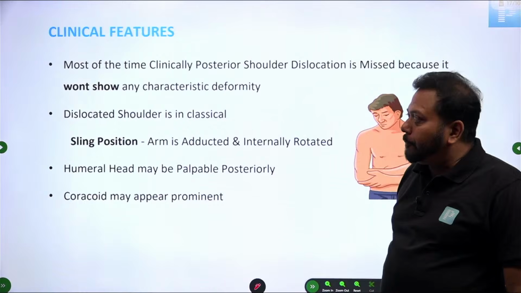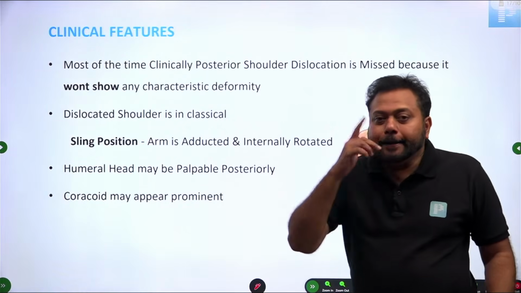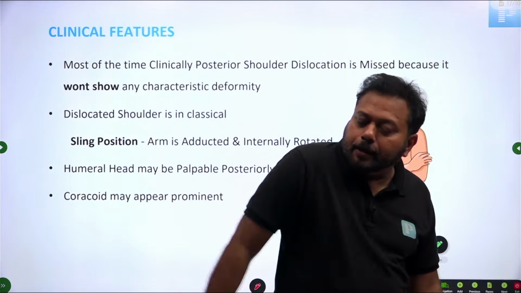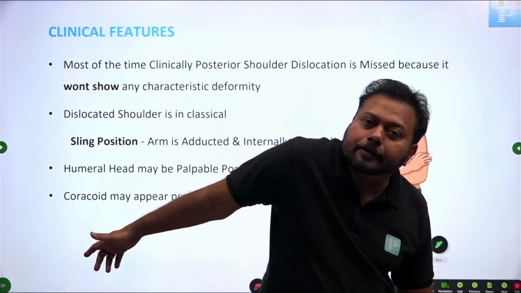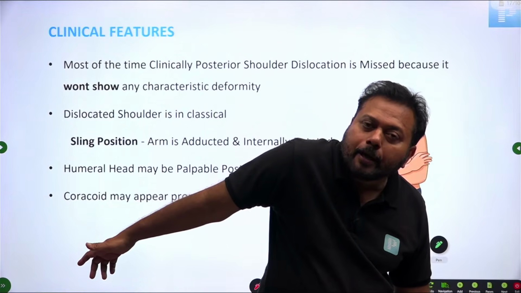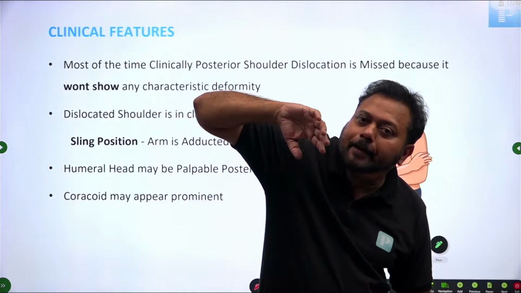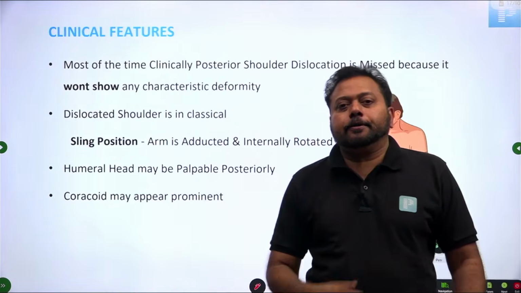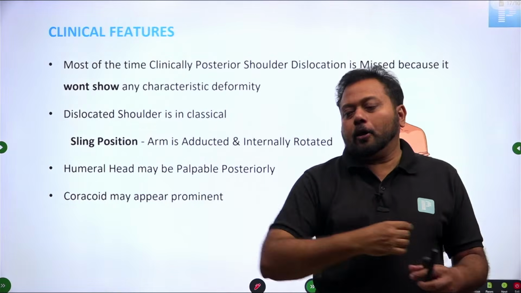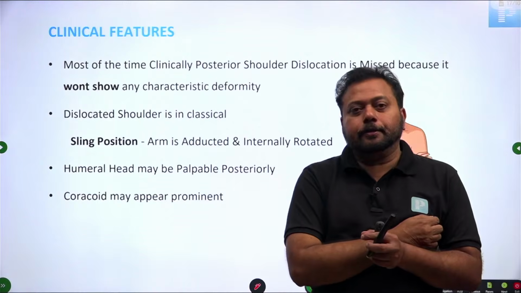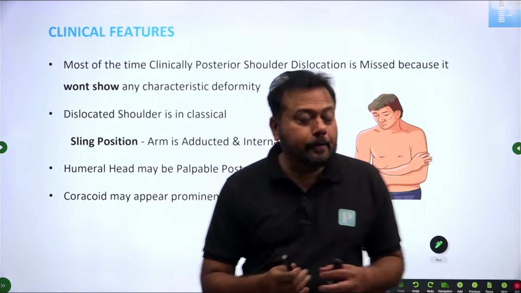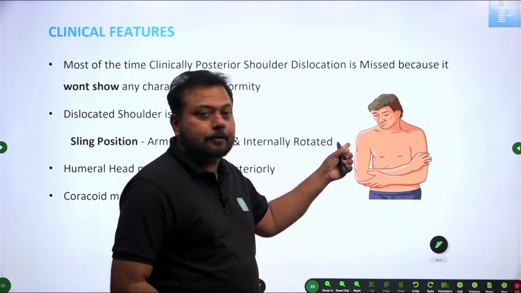The special point here, in anterior shoulder dislocation, the arm is extended, abducted, externally rotated like this. Arm was like this, yes or no? In inferior shoulder dislocation, the humerus is hyperextended. In posterior shoulder dislocation, the limb will appear near normal because it is adduction, internal rotation. It's called sling position. Patient will come to OP only like this.